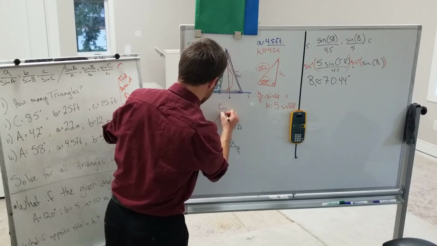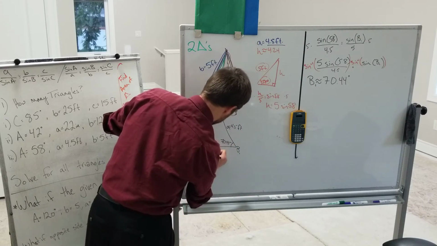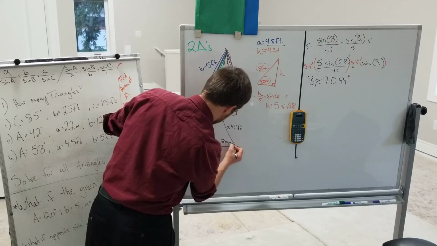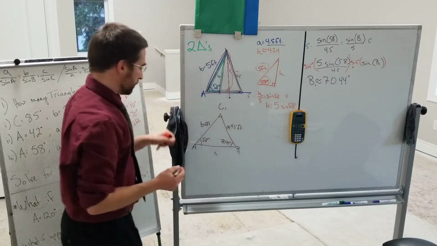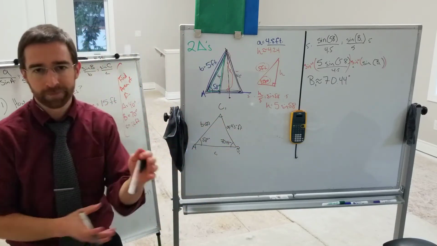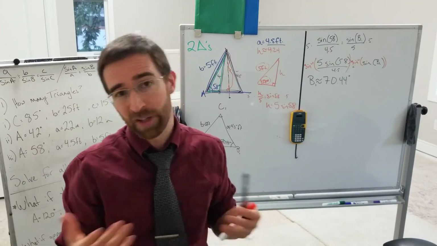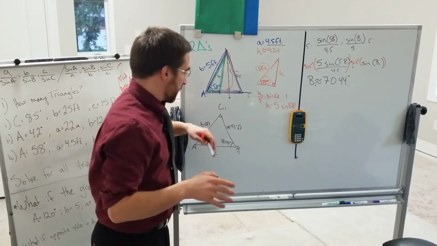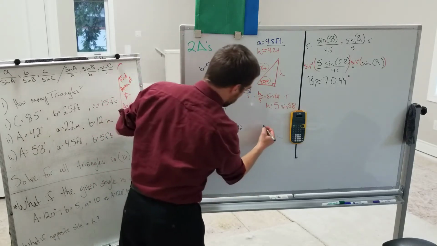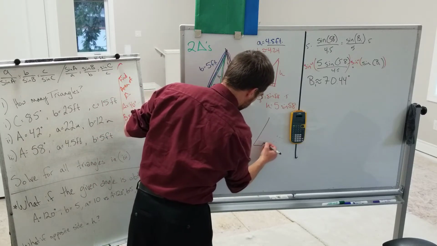And then we have angle C sub 1, and we have side C sub 1. These single arcs aren't saying they're congruent. I'm just writing them because they're angles. Sorry. And then we've got our second triangle, which is here.